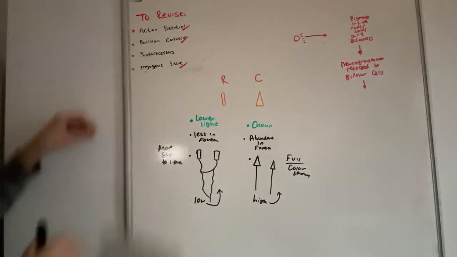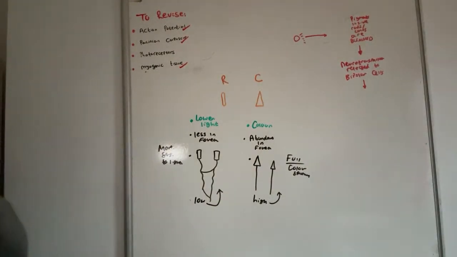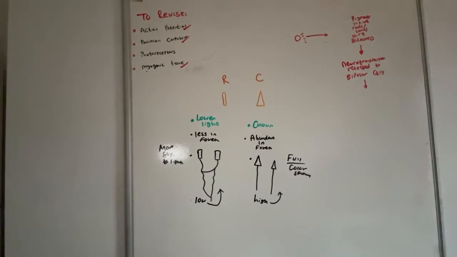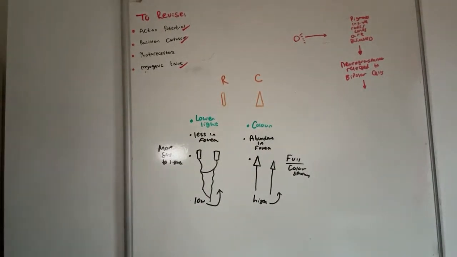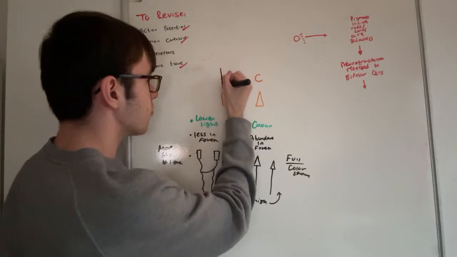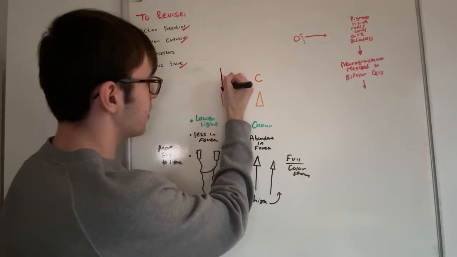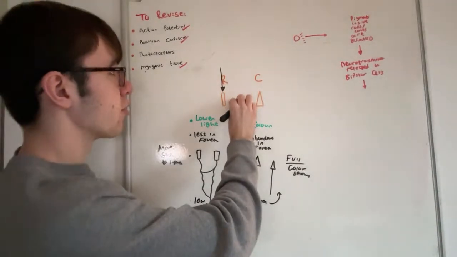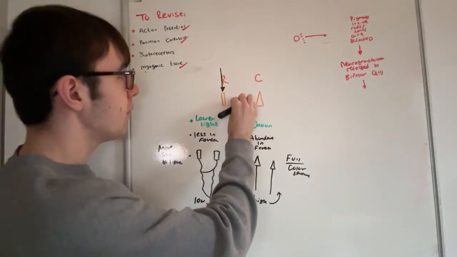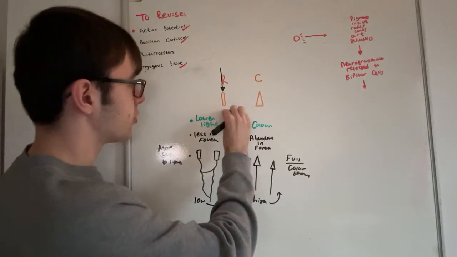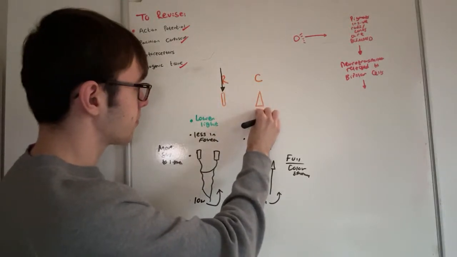Let's go over that again, because this is a bit of a challenging concept to really understand. When light is detected by a rod or cone cell, it's because light causes the bleaching of the pigment inside the rod or cone cell, so that's rhodopsin or iodopsin.